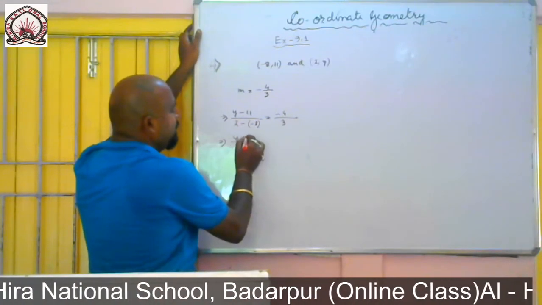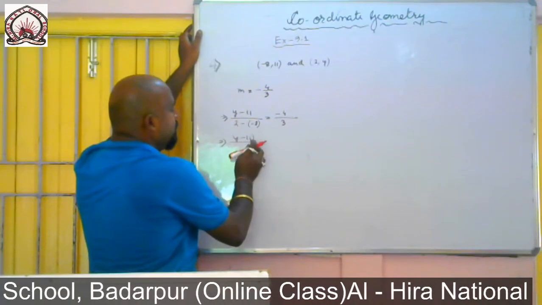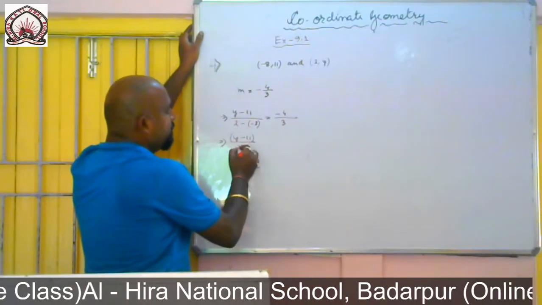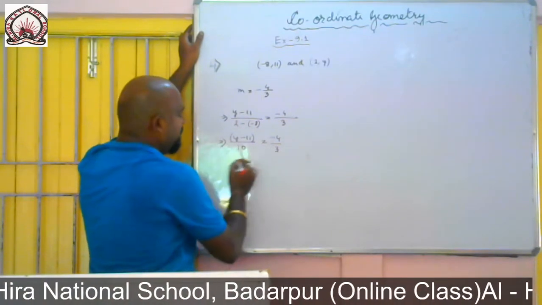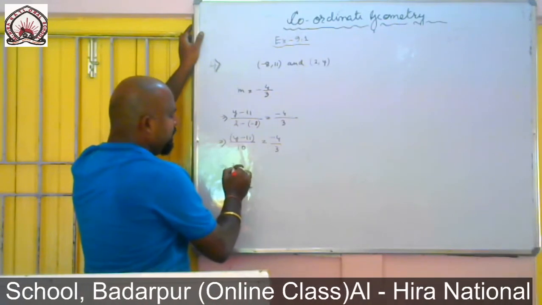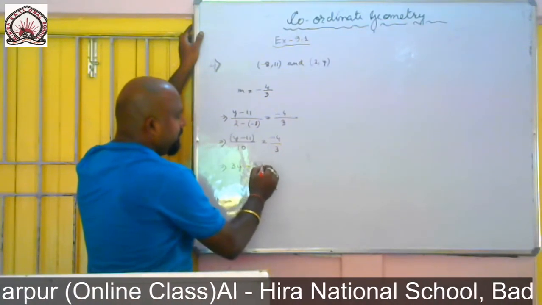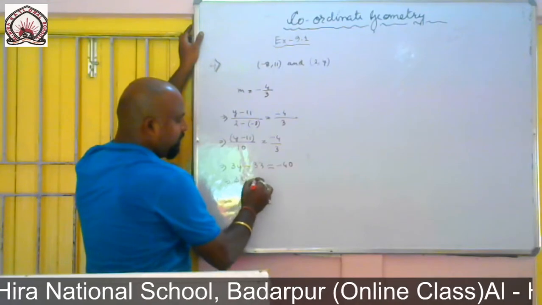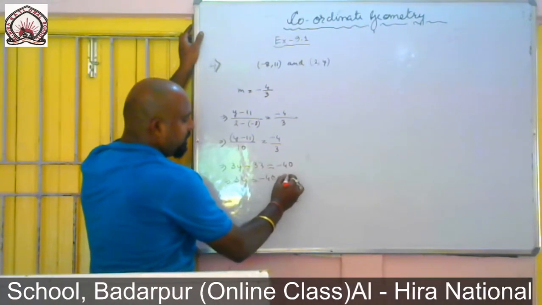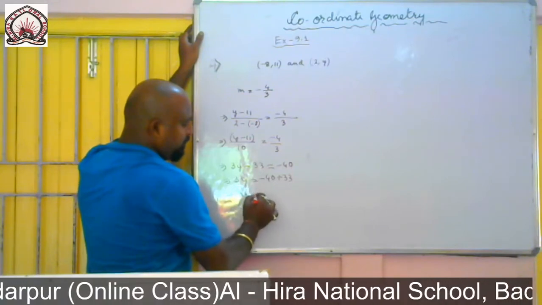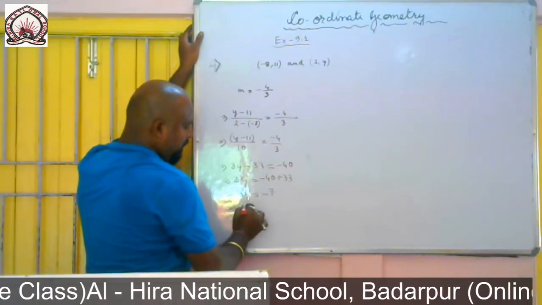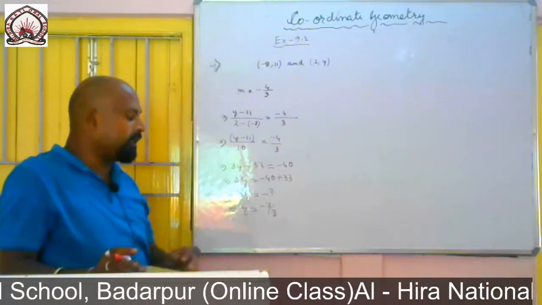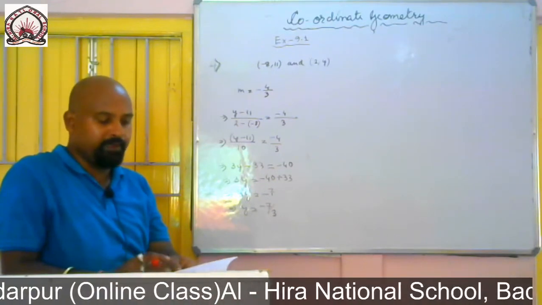So y minus 11 over 10 equals minus 4 by 3. Then 3 into y minus 3 into 11, that is 3y minus 33, equals minus 40. Now 3y equals minus 40 plus 33, so 3y equals minus 7, which implies y equals minus 7 by 3. The value of y we get by calculation is minus 7 by 3.